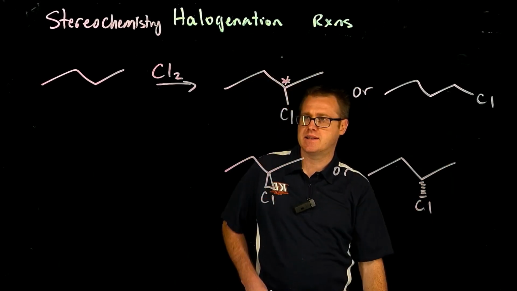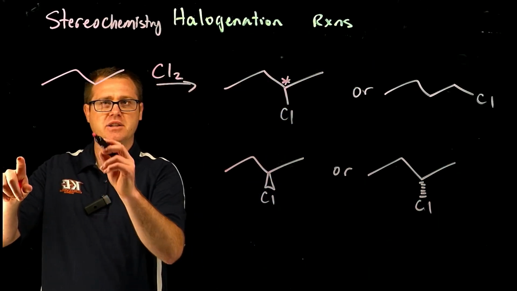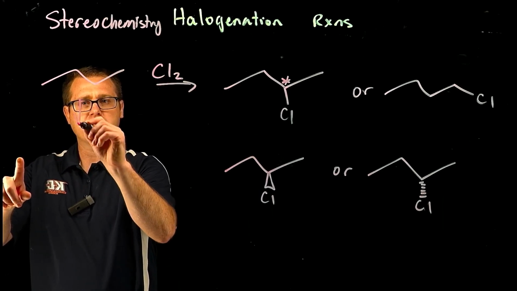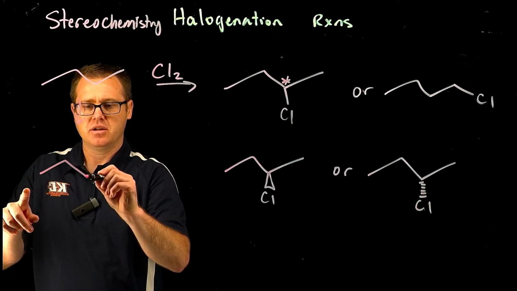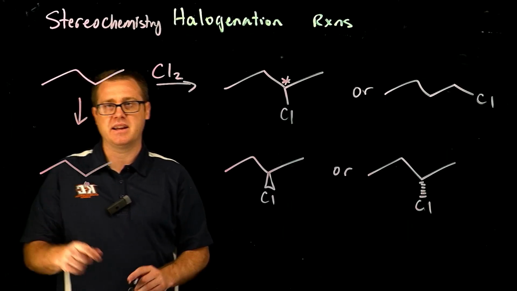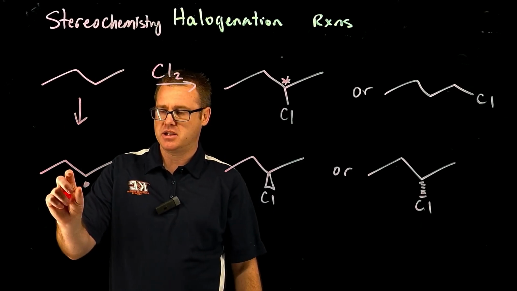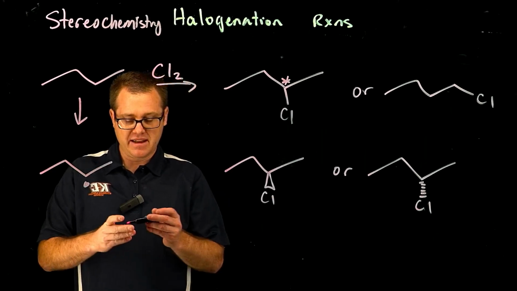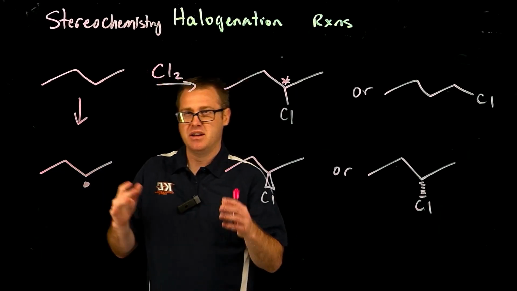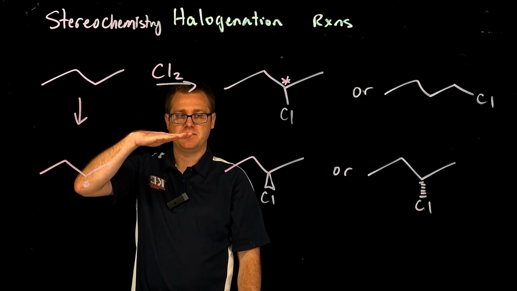Well, the answer is quite simple. Because we have to just remember what that first propagation step looks like. That first propagation step is going to be a hydrogen abstraction. So you're going to generate your secondary radical like that. Remember what we said about the geometry of this radical. We said that we can make the assumption that it's trigonal planar, that it's completely flat.